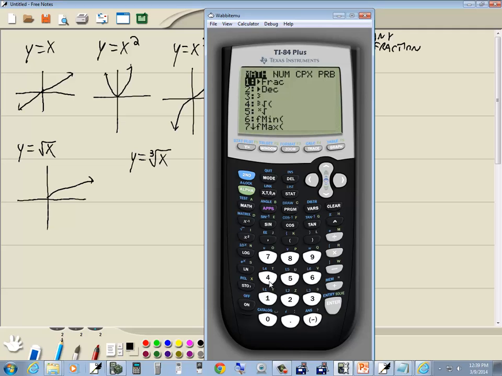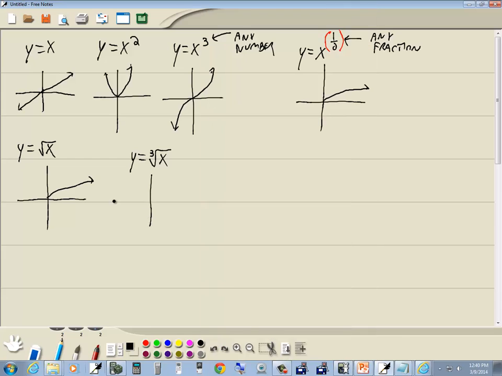That's a shortcut. It does the down arrow and enter for you. So I'll choose 4. Puts a cube root, puts a beginning parentheses, I'll put an x, and I'll put a closing parentheses so they match. And then graph. And that's going to give us this graph right here.